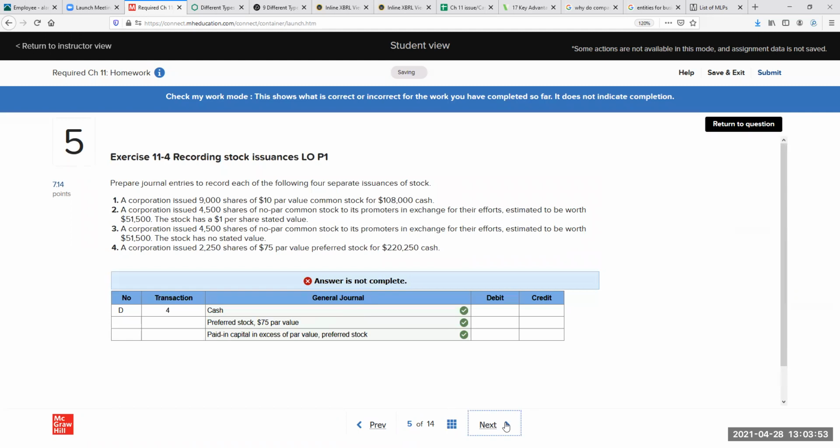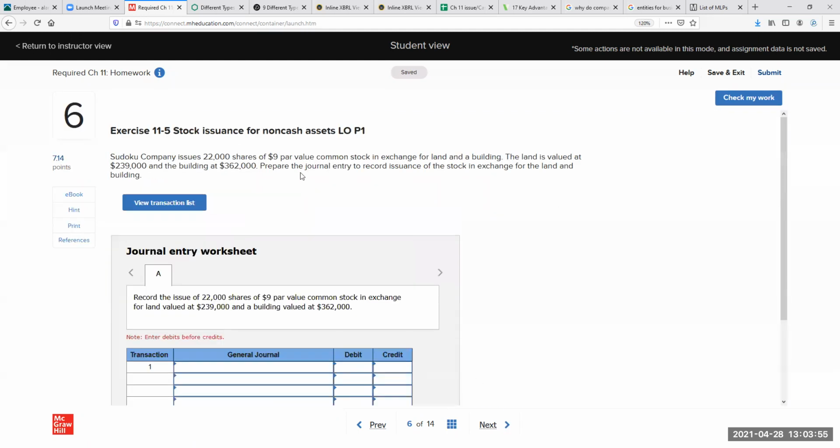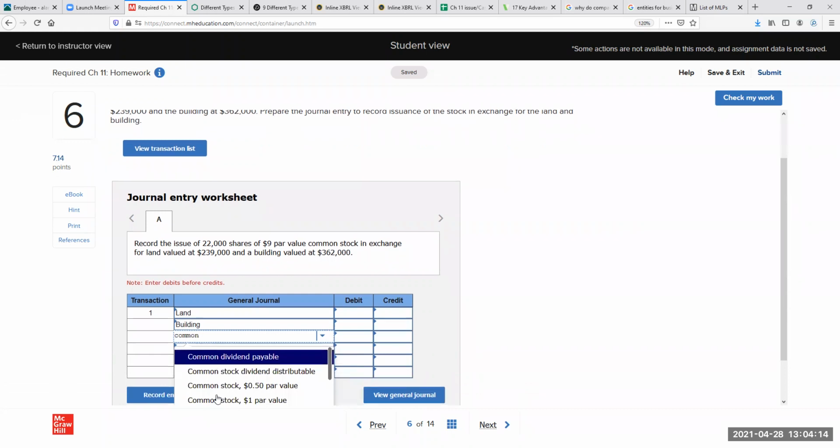So there you go. Number 6, stock issuance for non-cash assets. So we already said in this case, they're getting land and a building in exchange for common stock. And what's the par?